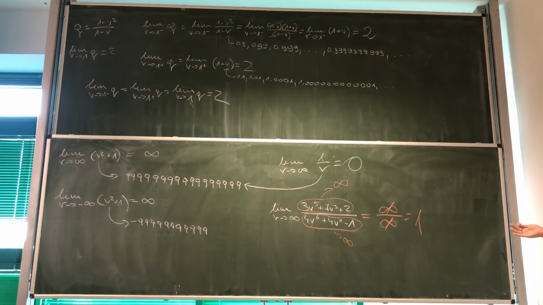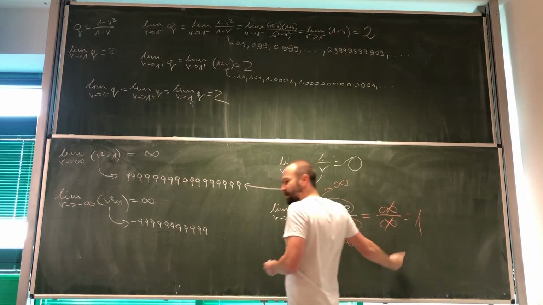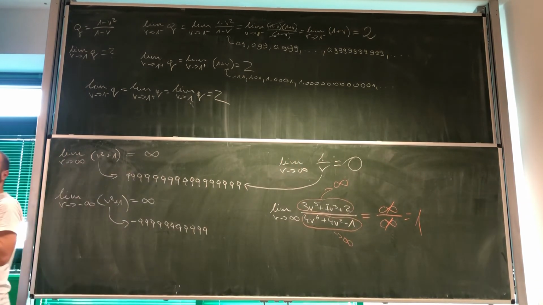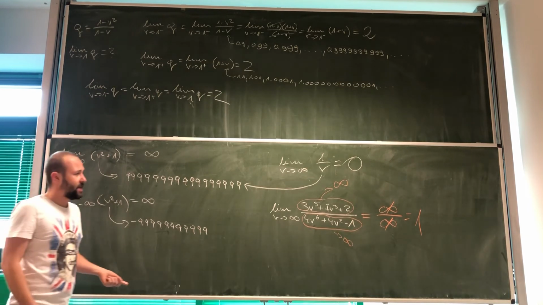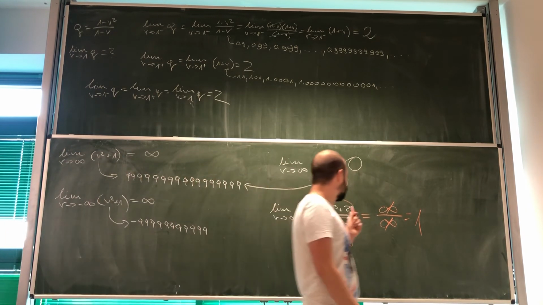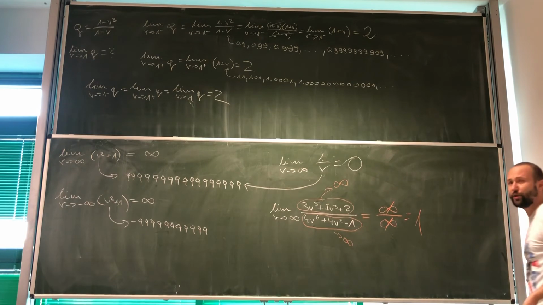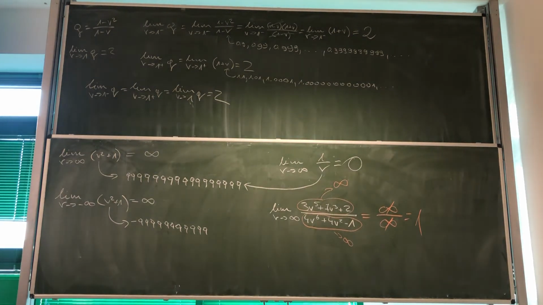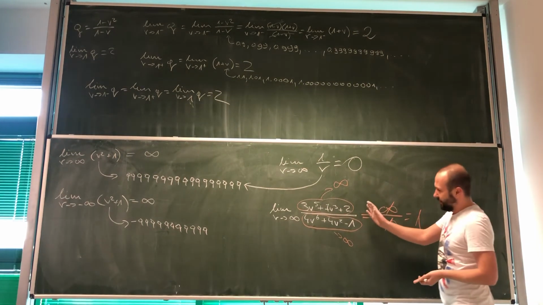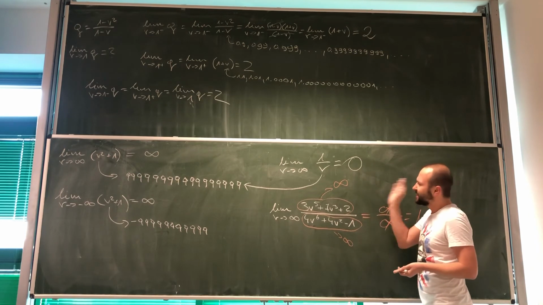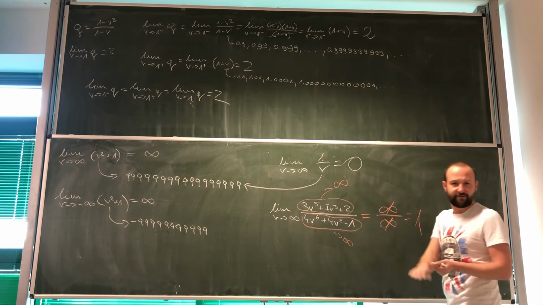Well, of course, this answer is totally wrong. Why? Because, as I hope you remember, infinity divided by infinity is an indeterminate symbol. We don't know how much it is. Because look, this infinity is a different number than this infinity.